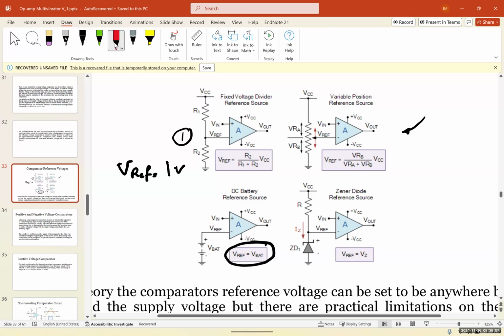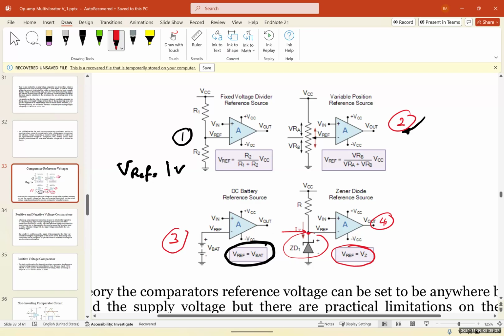For the fourth one, we connect the reference voltage to a Zener diode. As we know, a Zener diode works as a voltage regulator and gives you a fixed voltage. Here again, V reference is a fixed voltage equal to VZ. So numbers 1, 3, and 4 have fixed voltages, and number 2 has a variable potentiometer reference source.